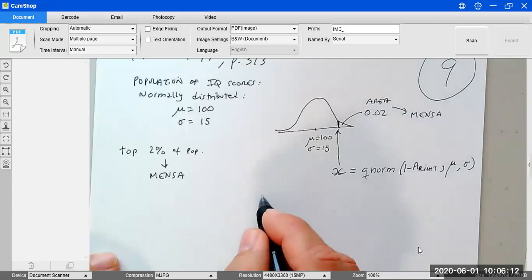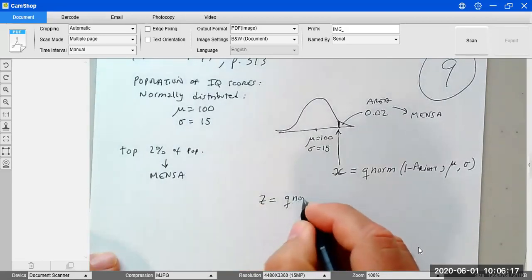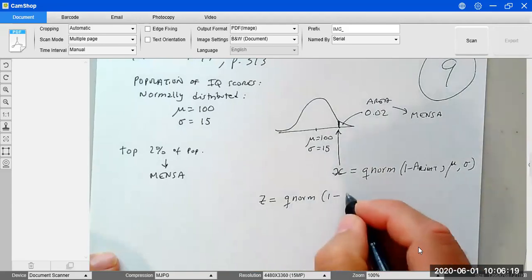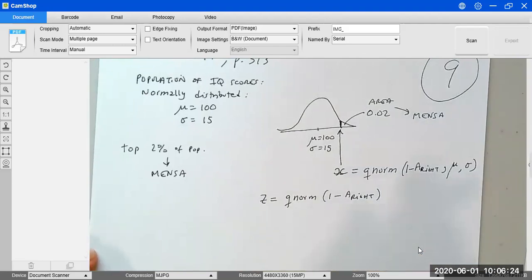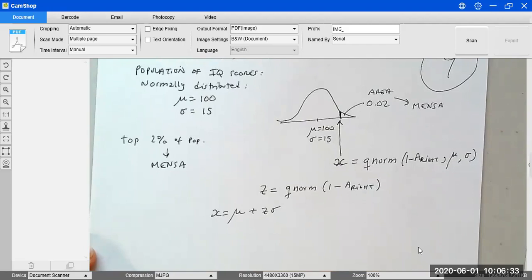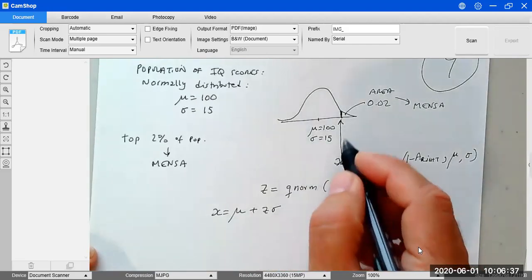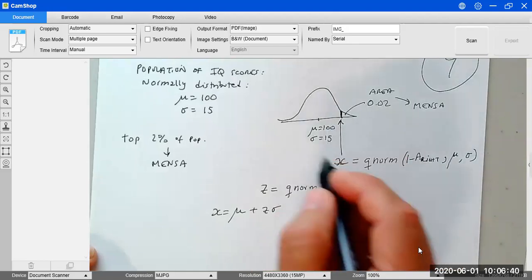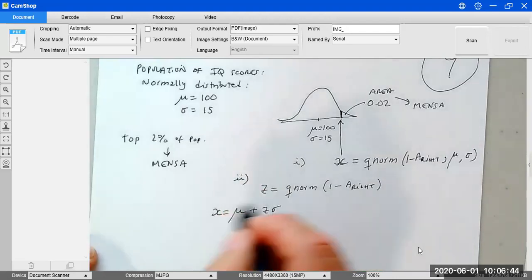We're going to find the z-score by using qnorm of 1 minus the area to the right. And then we're going to use the formula x equals mu plus z times sigma, the standard deviation. So let's do both. This is one way, or the other way is this one.